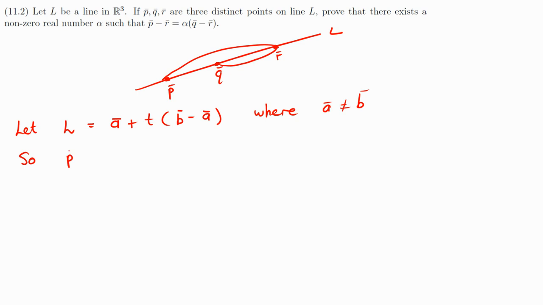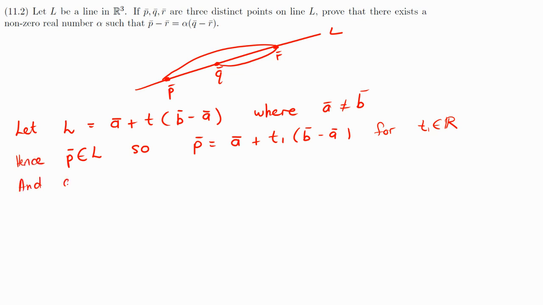Okay, so P is on this line, remember? So P is an element of L. So P is equal to A plus T1 times (B minus A), for T1 an element of the real numbers because this is a line. Hence this.